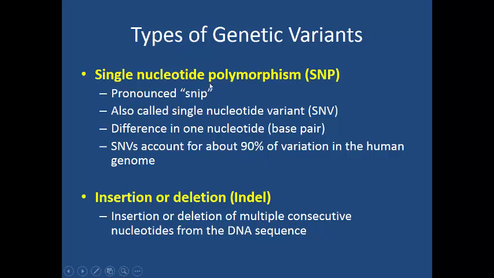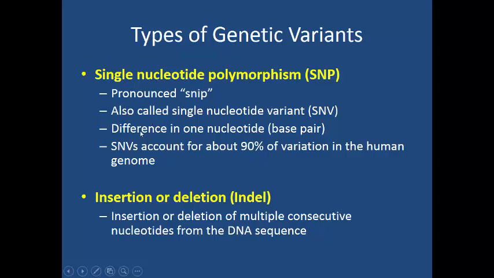So let's start off with single nucleotide polymorphisms. It's abbreviated SNP and it's pronounced SNP. A lot of folks now refer to it also as just a single nucleotide variant, or SNV. You can use SNP or SNV, either one. And really it's quite simple. What is it? Well, what it is is actually in the title of its name.